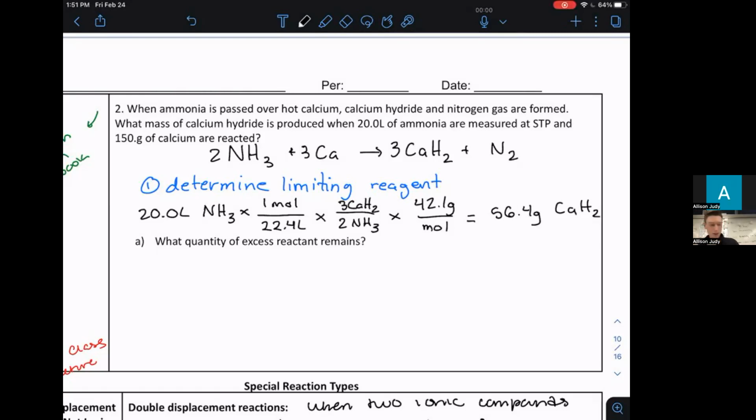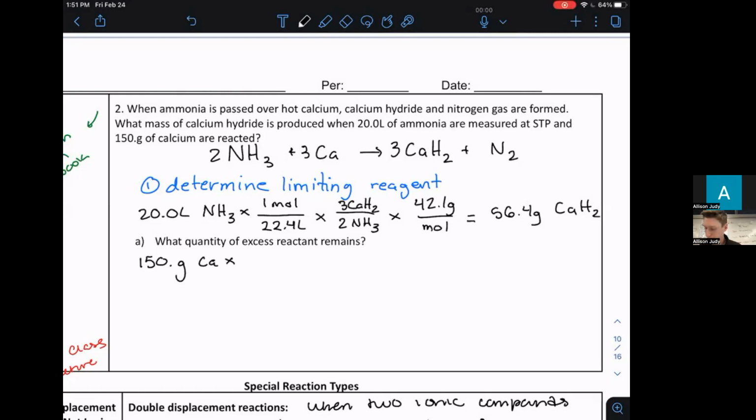So we didn't really get that much space here, but I'll just do it below part A. So this time we're using solid calcium. So we have 150. grams. So be careful of this. This 150. with the decimal point tells you that we're at 3 sig figs still for calcium. And we're going to need the molar mass to convert to moles.